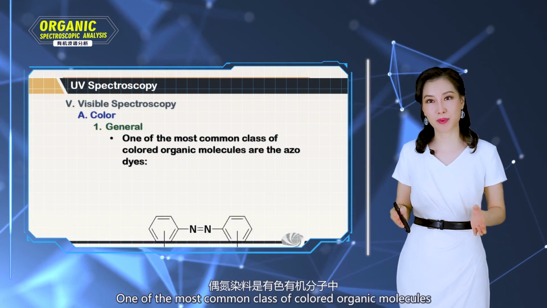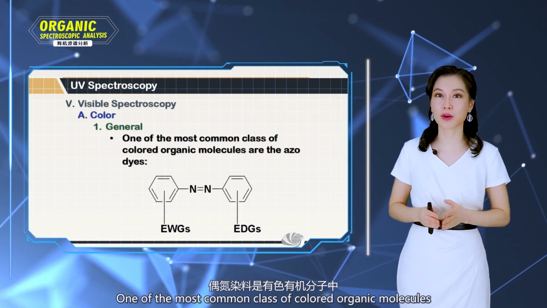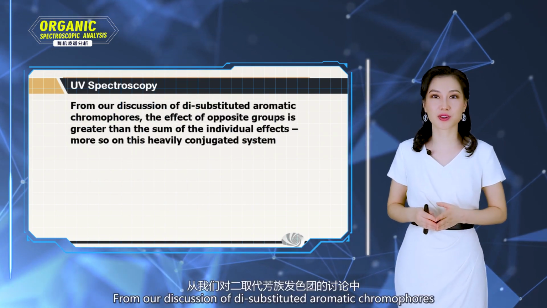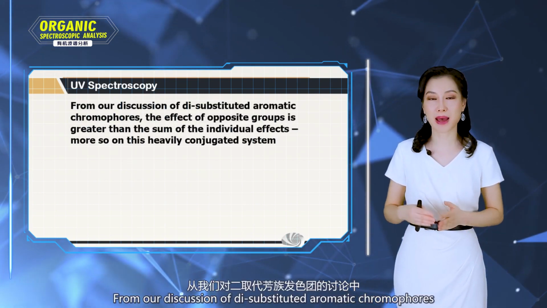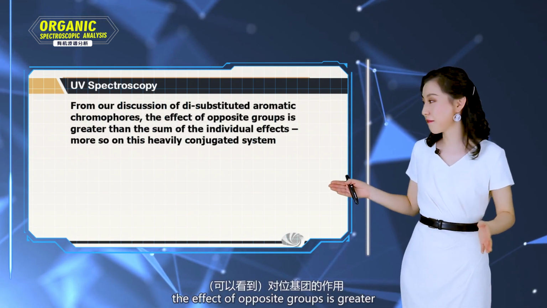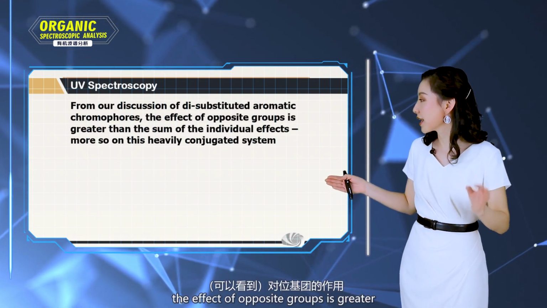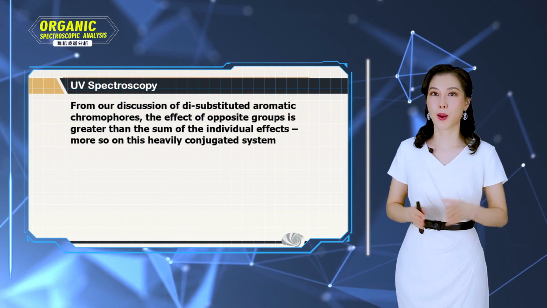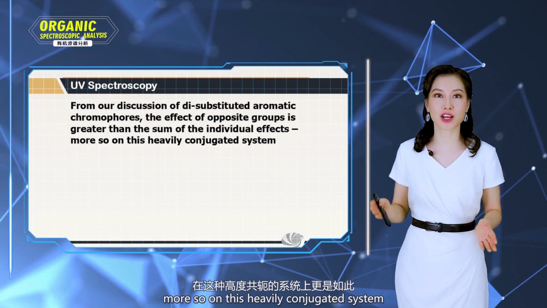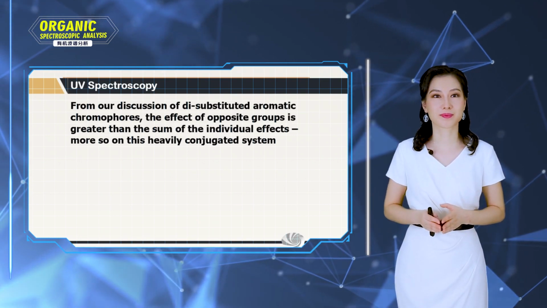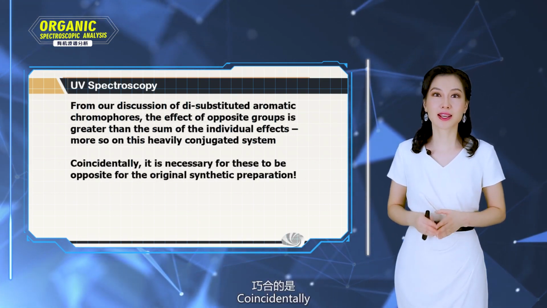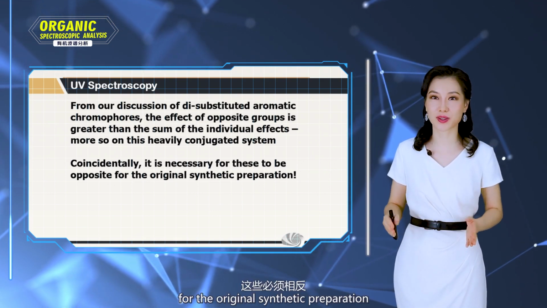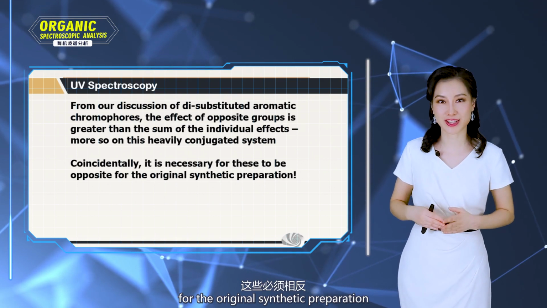One of the most common classes of colored organic molecules are the azo dyes. From our discussion of disubstituted aromatic chromophores, the effect of opposite groups is greater than the sum of the individual effects, more so on this heavily conjugated system. Coincidentally, it's necessary for these to be opposite for the original synthetic preparation.